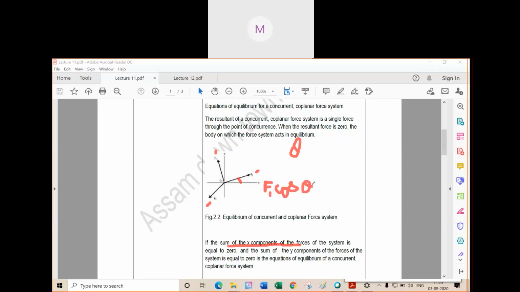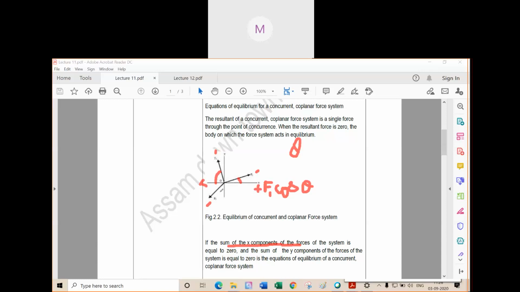Yes or no? Similarly, here is another angle, for F2. F2 is in this direction, so the resultant will be in this direction, and we are taking this as positive.